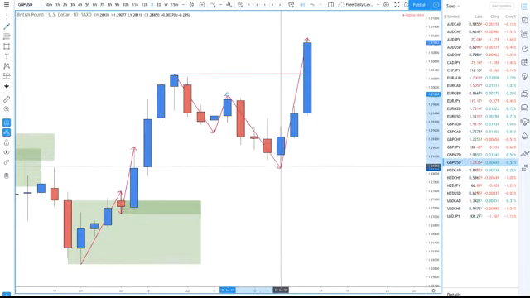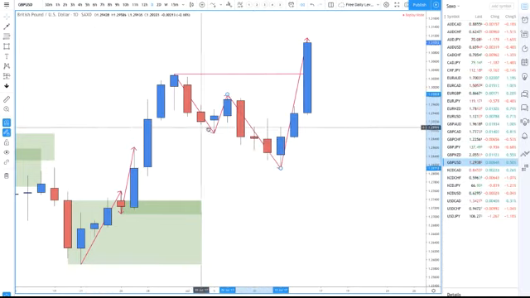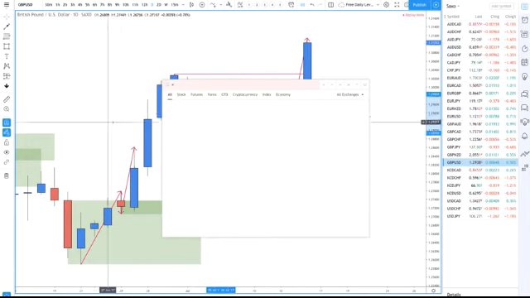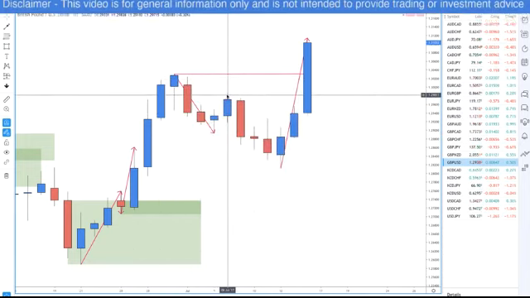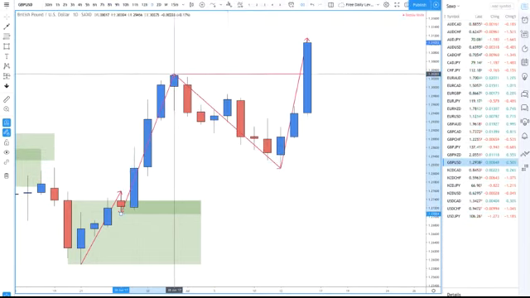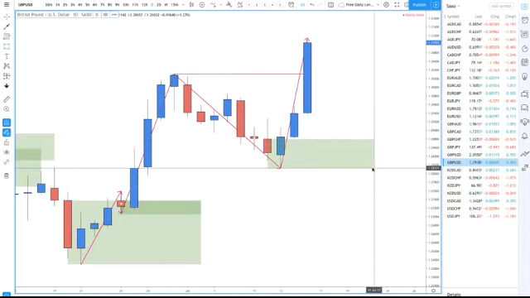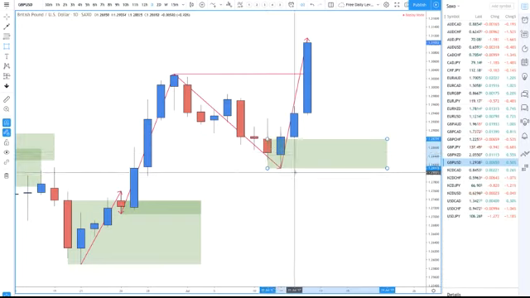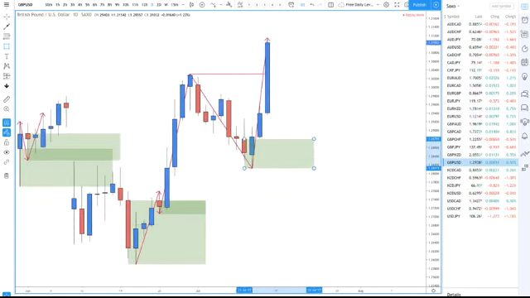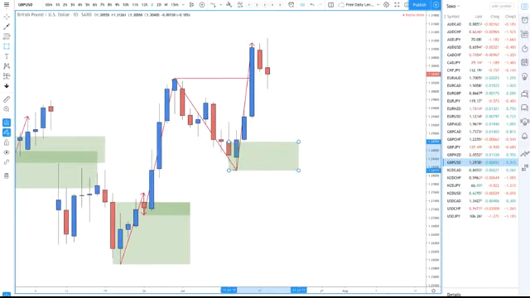So overall, if we were looking at pullbacks and swings, it actually looks like this, and then we make a new high. So the higher high, higher low principle there. We make a new close. So now we've got demand. The strongest area of demand is going to be down here. Let's keep going.